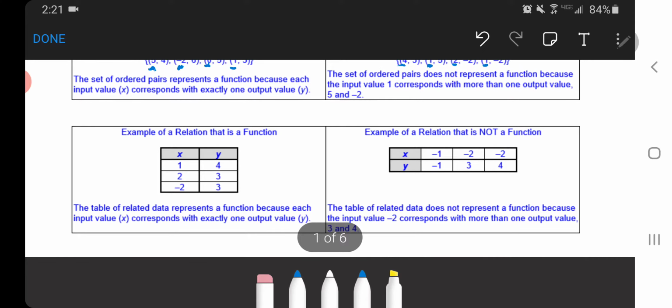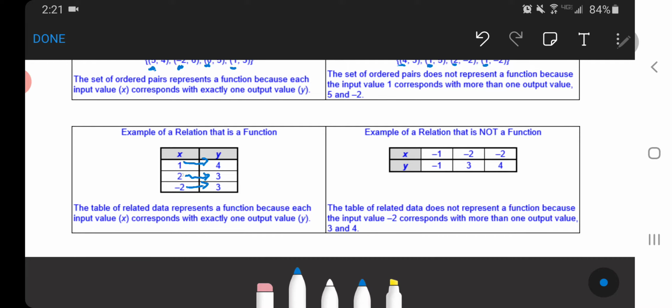Okay, this one is a table. It's just like having ordered pairs: (1, 4), (2, 3), and (-2, 3). Once again, you can see each x value goes with exactly one y value. 2 goes with 3, and -2 goes with 3. That's fine. The x value 2 is associated with 3, and the x value -2 is associated with 3.